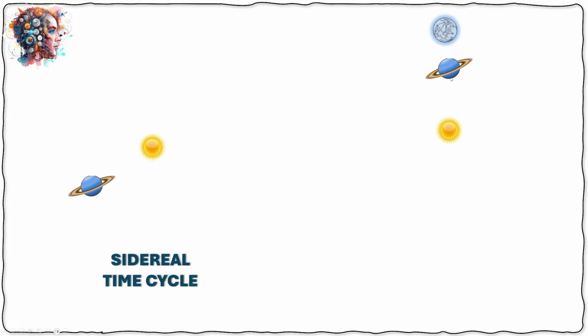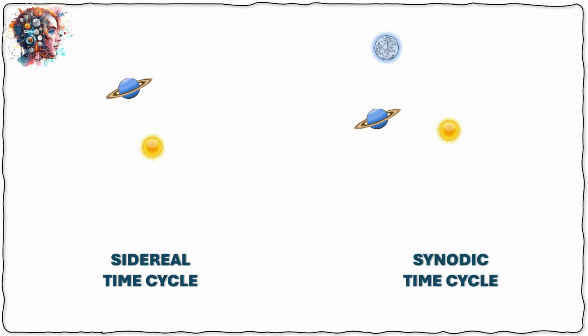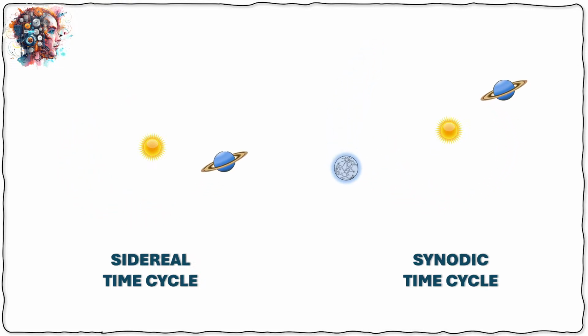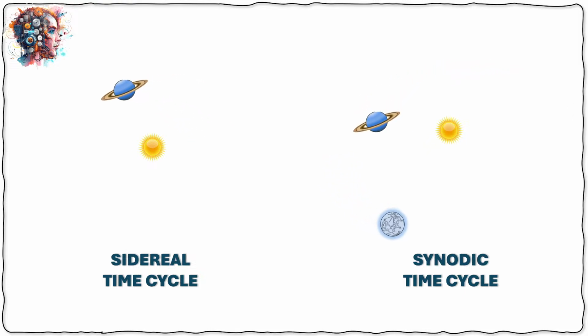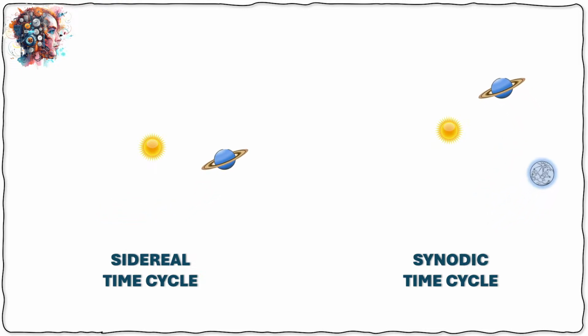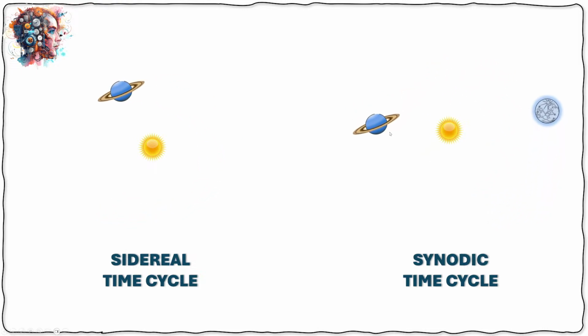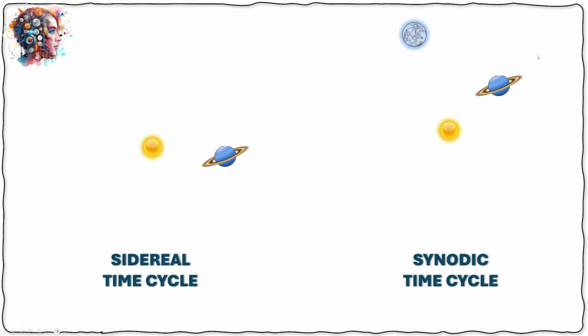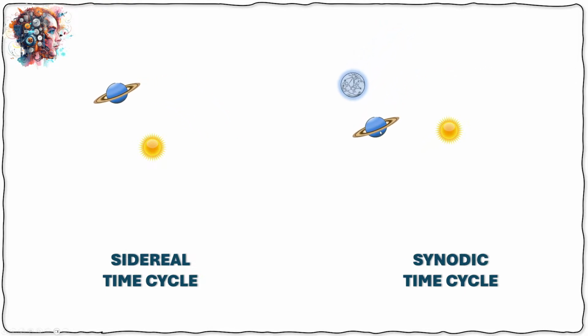The duration from when they are together to the next time they are together is called a synodic cycle, like this. So you see the small faster planet goes around and then it catches up with the slower planet. When it catches up, one cycle is complete.